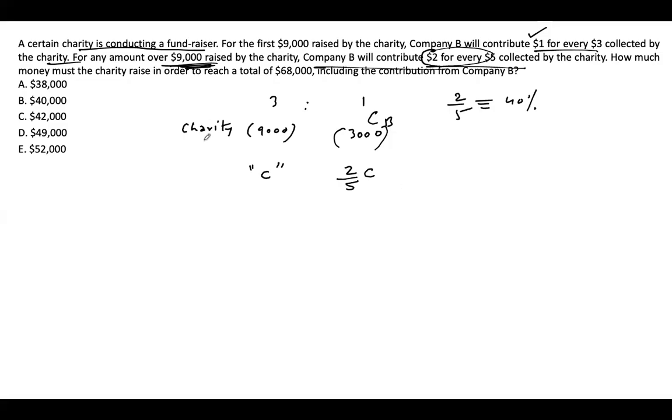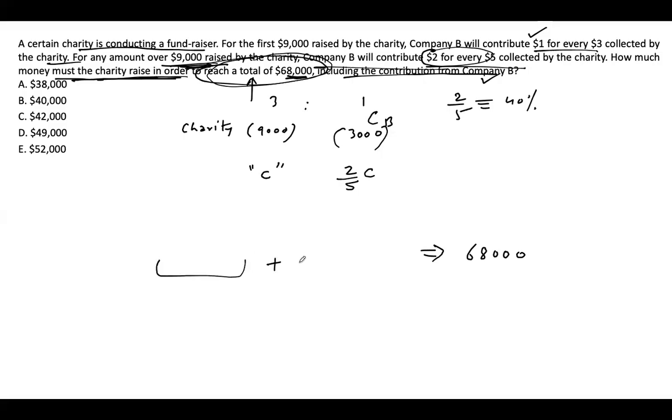So, how much money must the charity raise in order to reach a total of 68,000, including the contributions from company B? So this 68,000 should equal what?